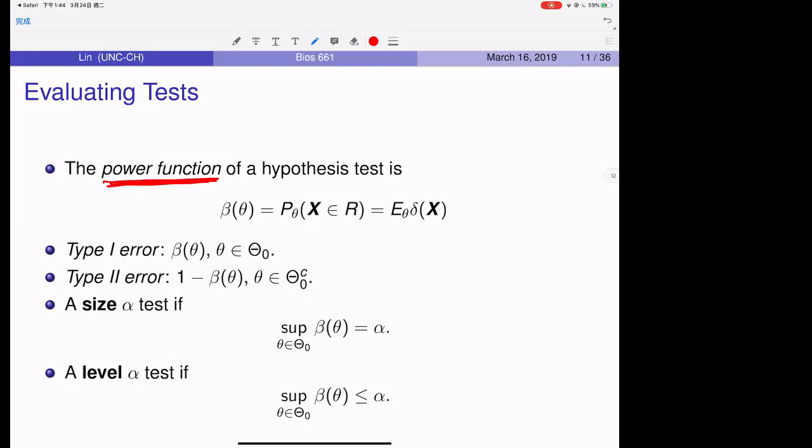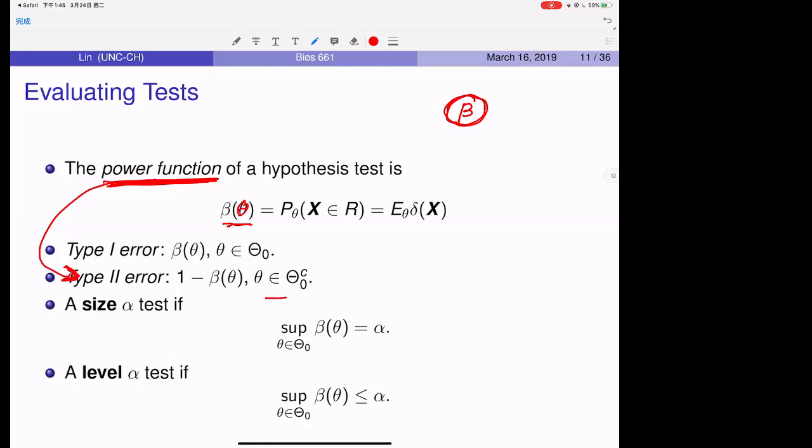I know you guys used beta for type 2 error before, and me as well. But in my class, because we are using Casella and Berger's textbook, they use beta as the power, basically 1 minus the type 2 error rate. It's a function of theta.